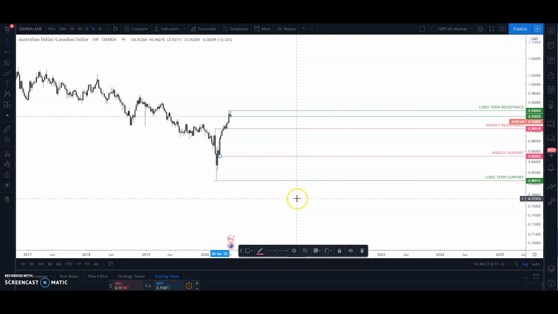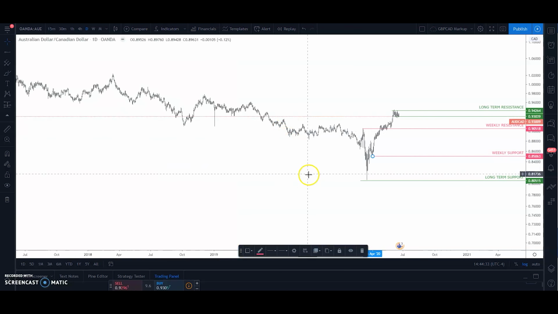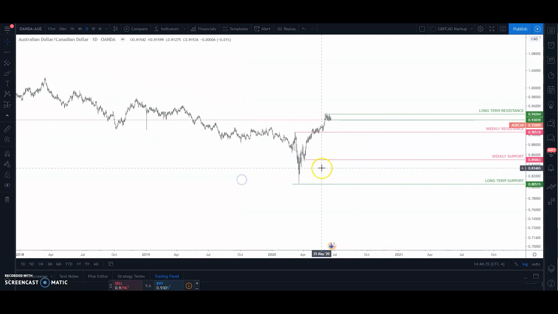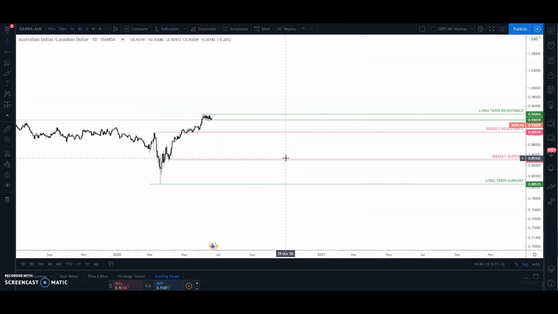All right, and so I'm going to draw down to my next level, and I'm on the daily. I'm looking again for that next key level.